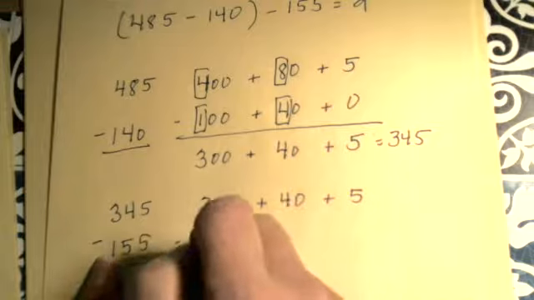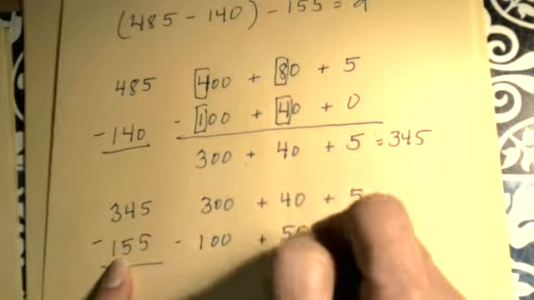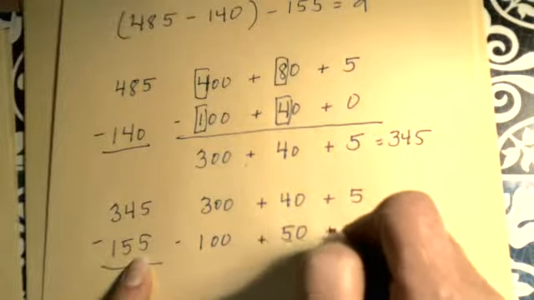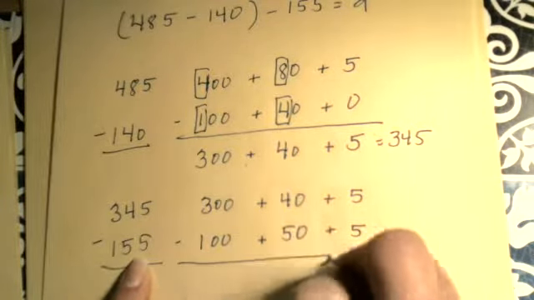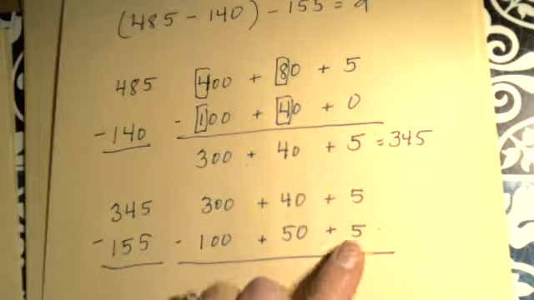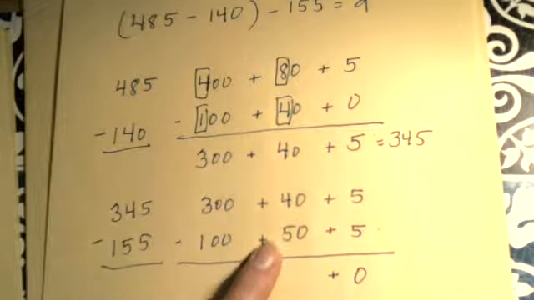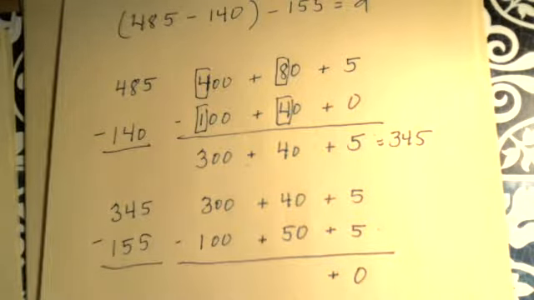Take away, the 1 is 100. The 5 is 50. The 5 is 5. Okay, so I'm taking away 5, take away 5. If I take 5 from 5, I have nothing. Uh-oh, I can't take 50 from 40.